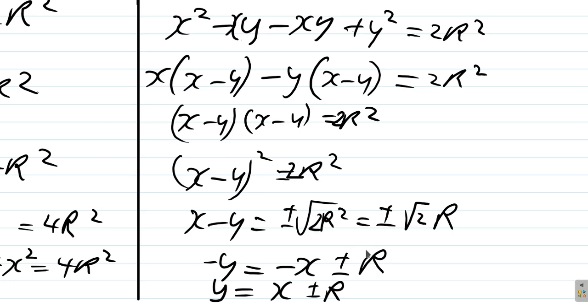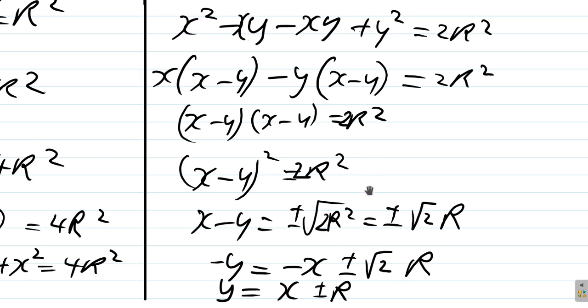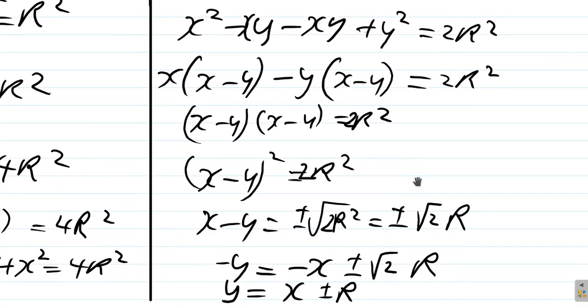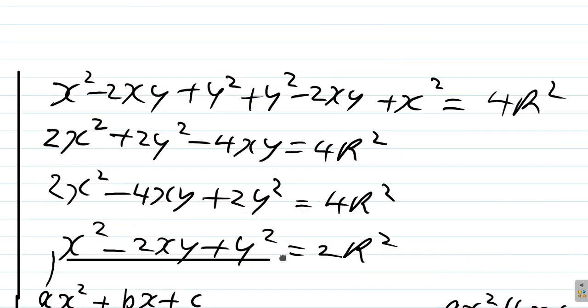So this now would be positive and negative the square root of 2 times r. Because I was looking up here and saw something was wrong somewhere. Alright, so square root of 2 times r. Right. So y is equal to x plus or minus the square root of 2 times r.